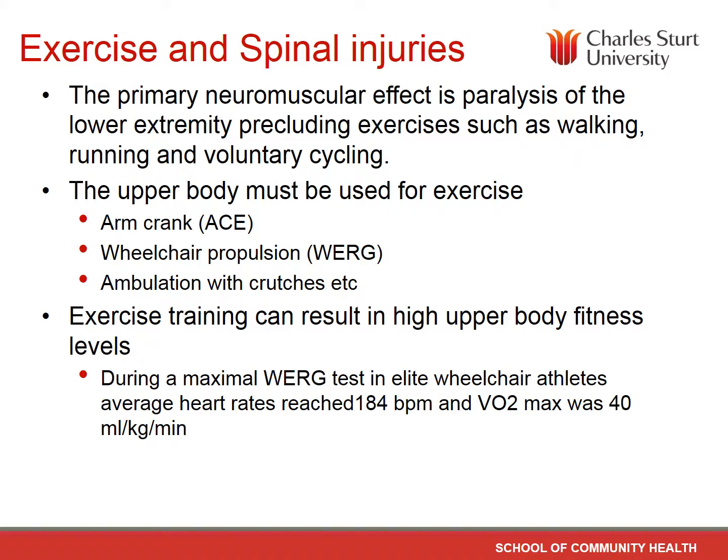If it's a higher level spinal injury, you can often still perform arm crank ergometry, so ACE, and in some instances, if it's quite a high level injury, then you can even strap the person's hands onto the arm crank ergometer and just perform some level of contraction.